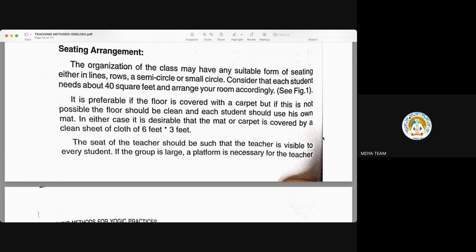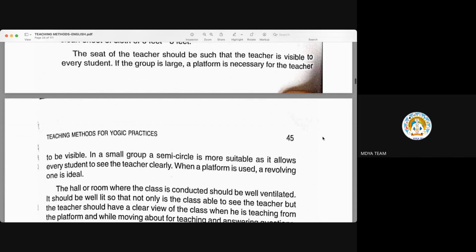So this is considered a good practice, that on the mat you should have a clean sheet of cloth. The seat of the teacher should be such that the teacher is visible to every student, and a student can see the teacher, and the teacher can also see the students nicely.